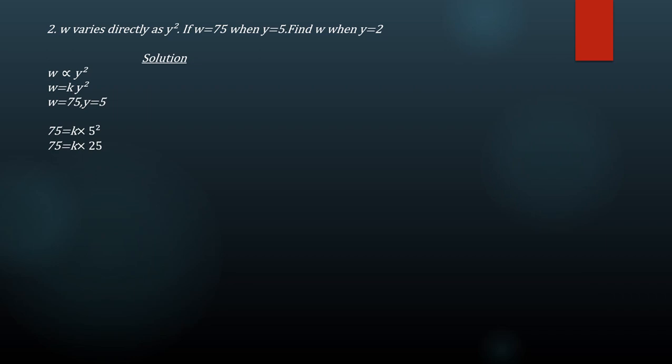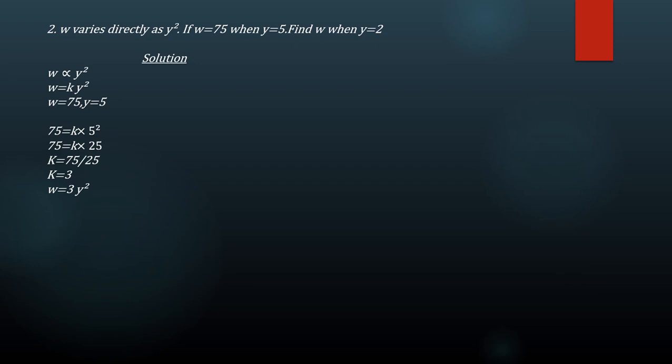And then we'll make k the subject of the formula again. We have k equals 75 over 25. If you use your calculator, you should have k equals 3. So again, let's write out the formula connecting them. We have it as w equals 3y squared, as our k is 3.